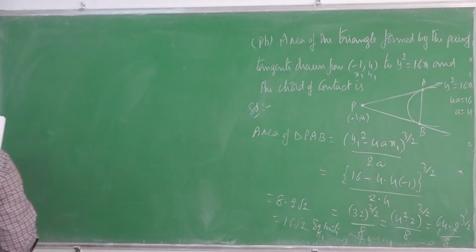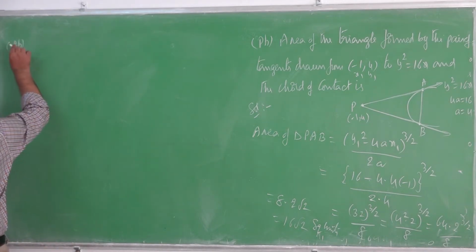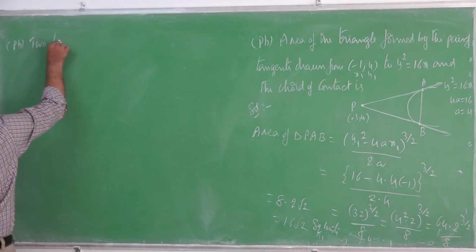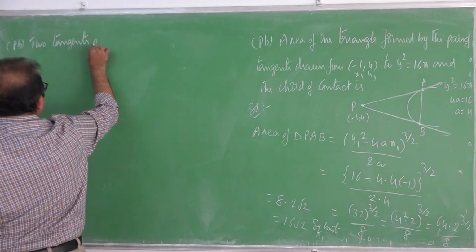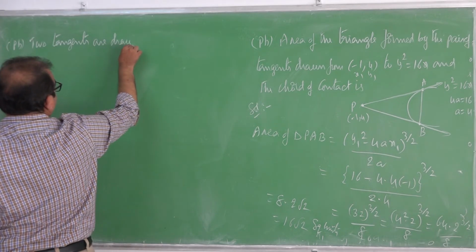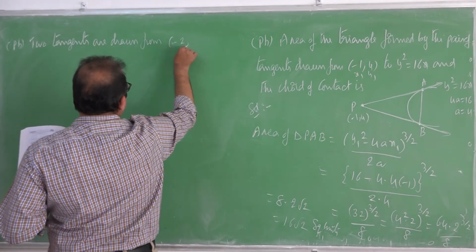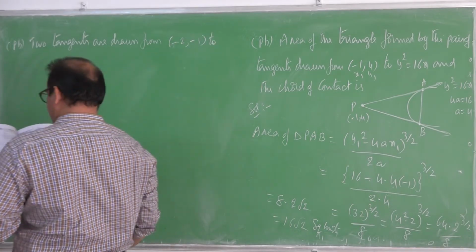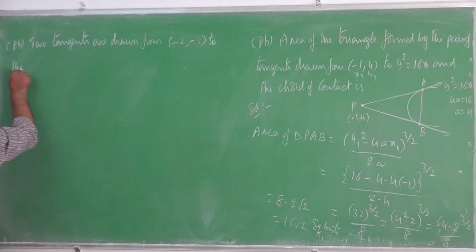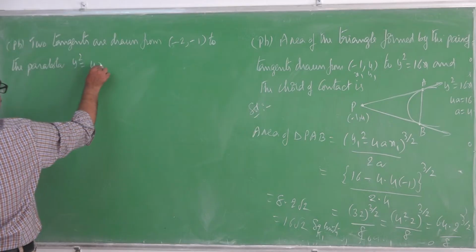Write the next problem. Two tangents are drawn from the point (-2, -1) to the parabola y square is equal to 4x.